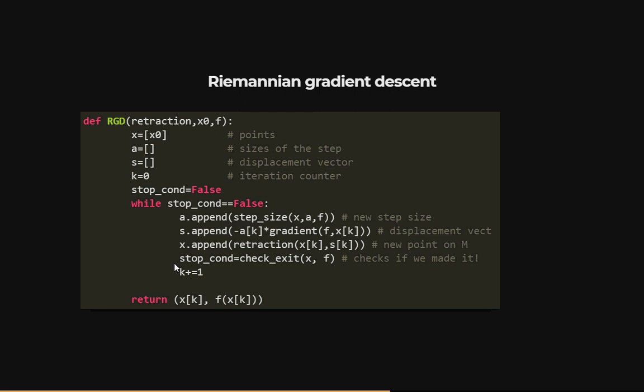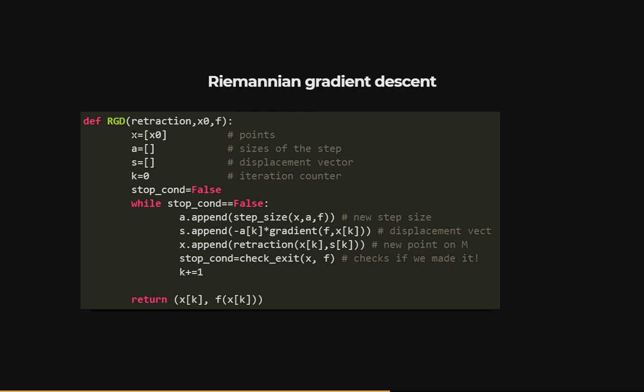So, what are we doing here? We have this function, which is a Riemannian gradient descent. We have to pass to it the retraction, which encodes all the information about the manifold, in fact, a starting point, our guess, and the cost we want to minimize.